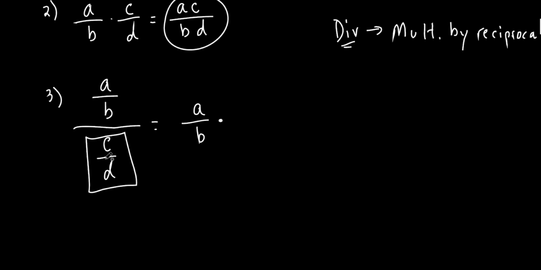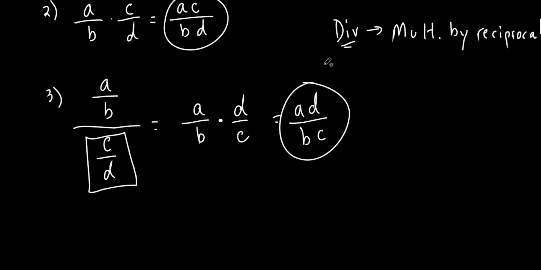What's the reciprocal of C over D? Very good. D over C. That's the reciprocal. And now I can multiply those through. Now I can do the multiplication. What is it? AD over BC. All right. Make sense? Yeah.